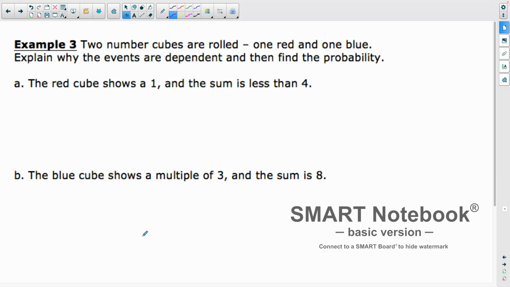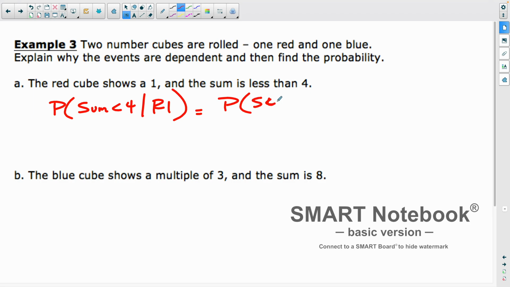All right. Now, if I were to write this, I would say the probability that I have a sum less than 4 given that I have a red 1. Which would be the probability of a sum less than 4 and a red 1 over the probability of a red 1.